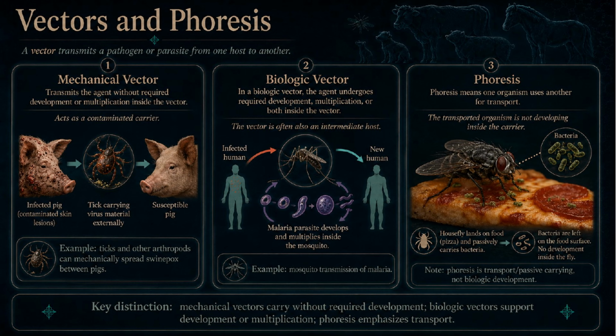A simple teaching example is a housefly landing on food and passively carrying bacteria onto a pizza. The key idea is movement. Vectors transmit, phoresis transports. And in parasitology, movement between hosts is often half the battle.